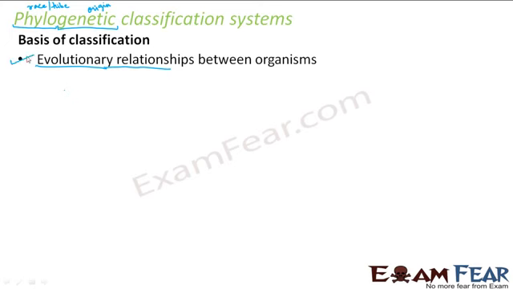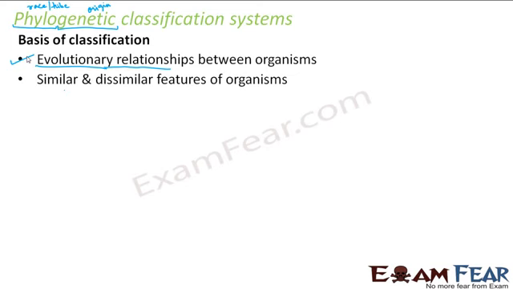Evolution talks about the origin of different organisms, and how do we conclude the evolutionary relationship between organisms? By looking at the similarities and dissimilarities between different organisms, we can conclude their evolutionary relationship, and this evolutionary relationship is the basis of the phylogenetic classification system. So similar and dissimilar features of an organism play a very important role in this classification system.